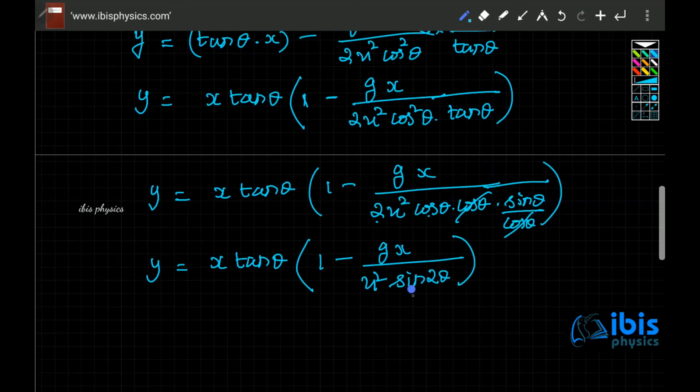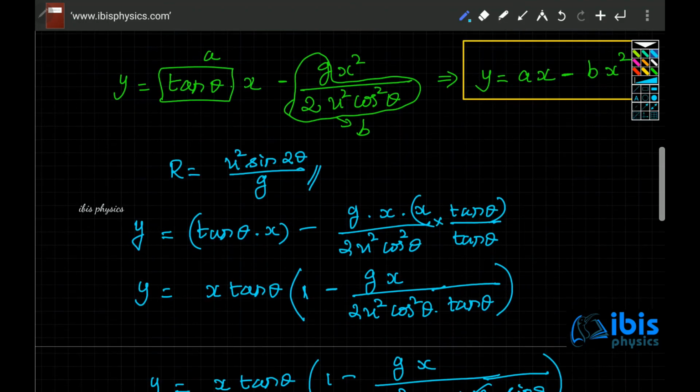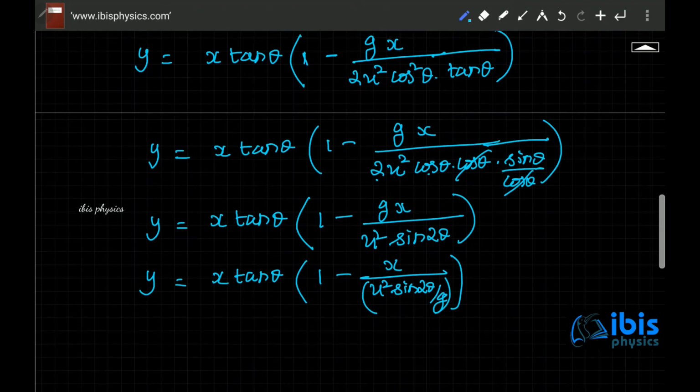So let us bring this g to the denominator. Since it is in the numerator, when it comes down, it becomes x tan theta into 1 minus x by u square sin 2 theta by g, which is the equation of the range of the projectile.